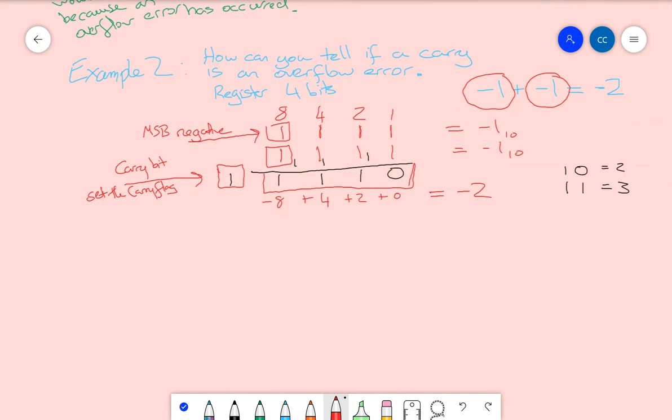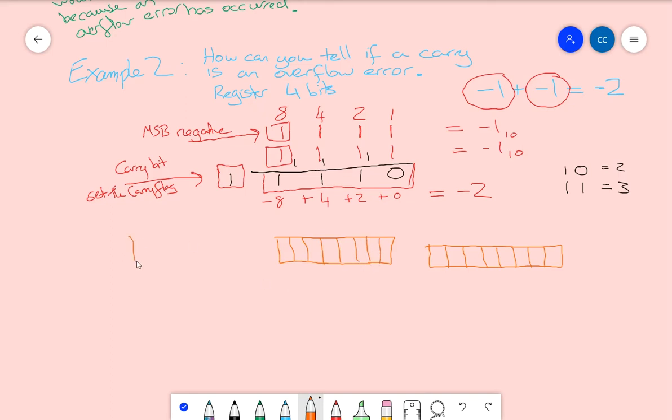If you think about it, let's say we've got a really large number and it's split into 8-bit registers. So that's 1, 2, 3, 4, 5, 6, 7, 8, and again 1, 2, 3, 4, 5, 6, 7, 8.